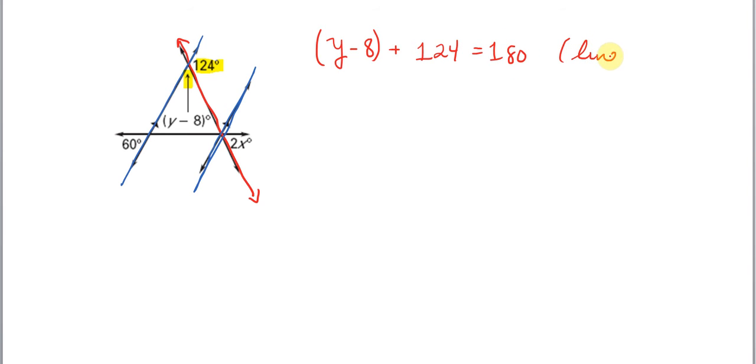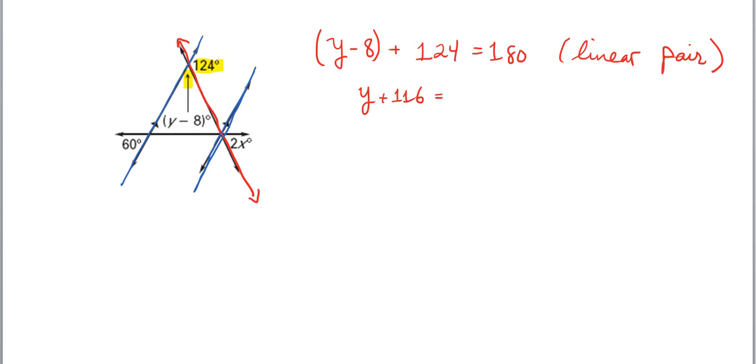Again, because those two angles form a linear pair. Now we can simplify. Negative 8 and positive 124 would be 116. Subtract 116 from both sides and we get that y is equal to 64.